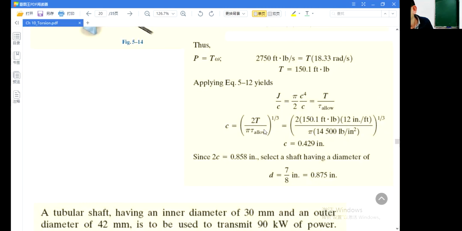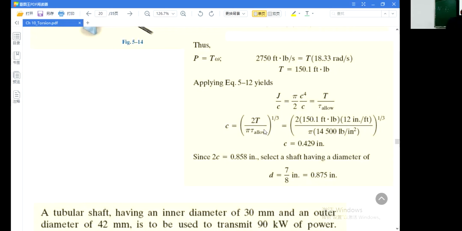So c from here: half pi c to the fourth power divided by c equals T over the allowable stress. Yes or no? How much is T?